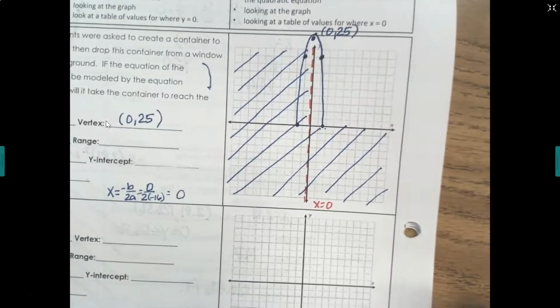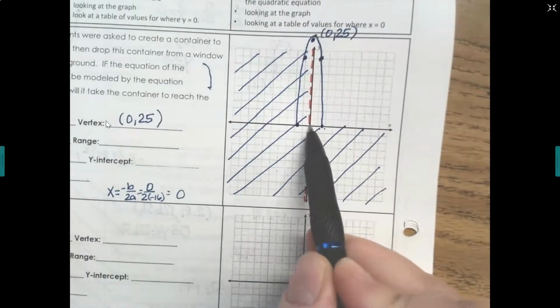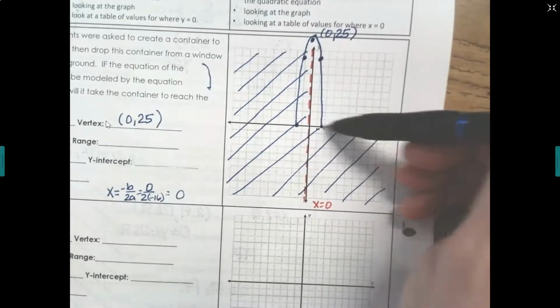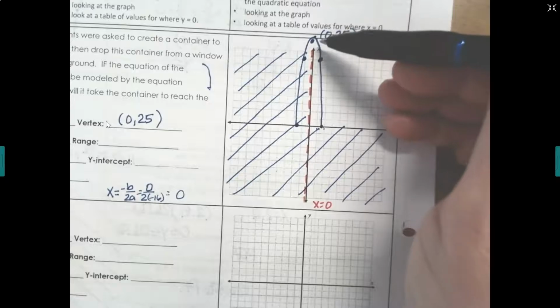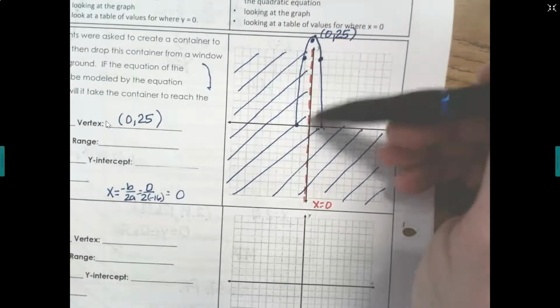Our domain is our x values, so we'd only be talking from here to here. I need to know what that intercept is. Our range is from the ground to our very highest point. Well, we never went taller than 25; that was where we started.